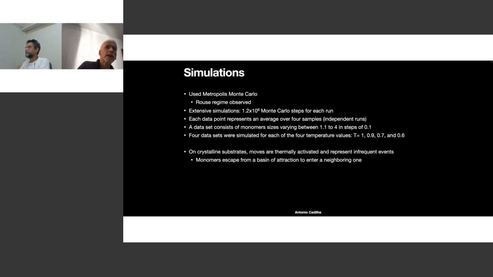Finally, I also had to simulate for various temperatures. So I start with the higher and go to the lowest of 0.6. Most of the simulations were focused around 0.7. But I also did all the other cases.